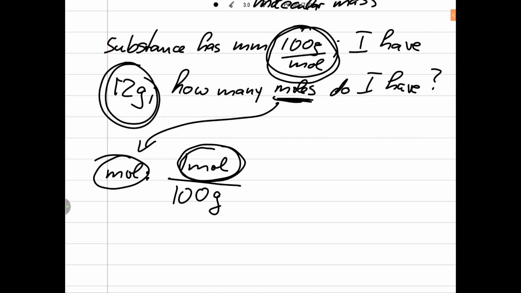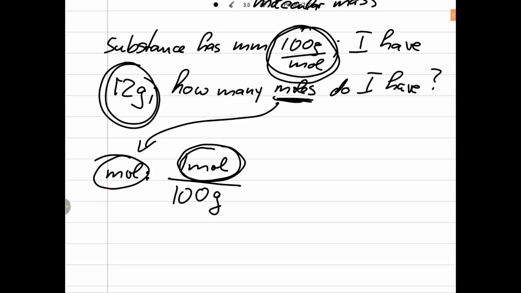Right? So how do we get rid of this thing? Well, what we can do is we just simply try to cancel the grams out with something in our other given.